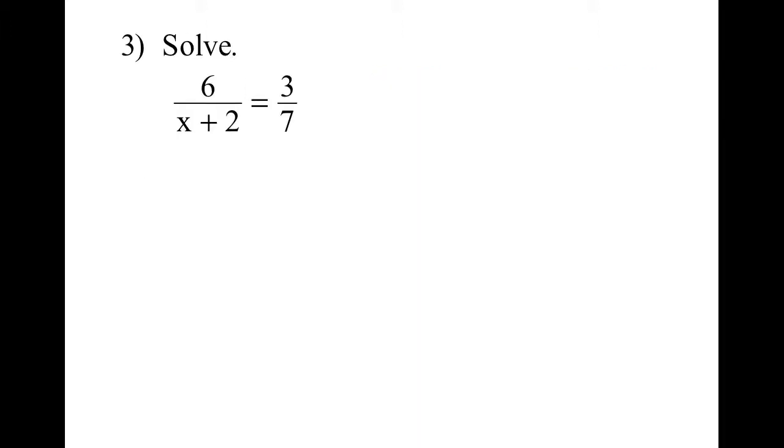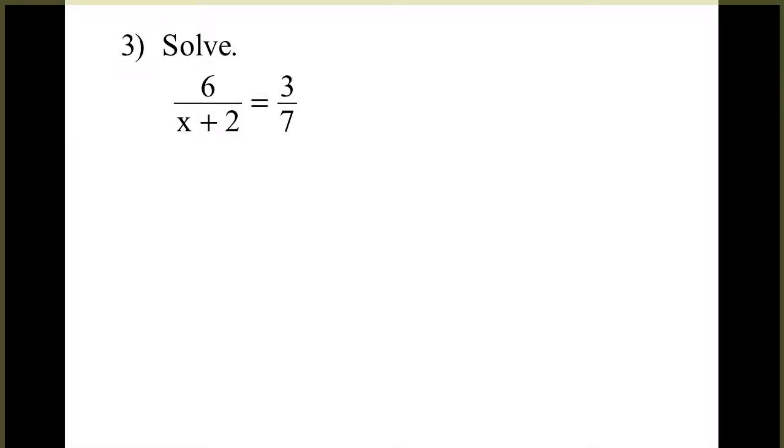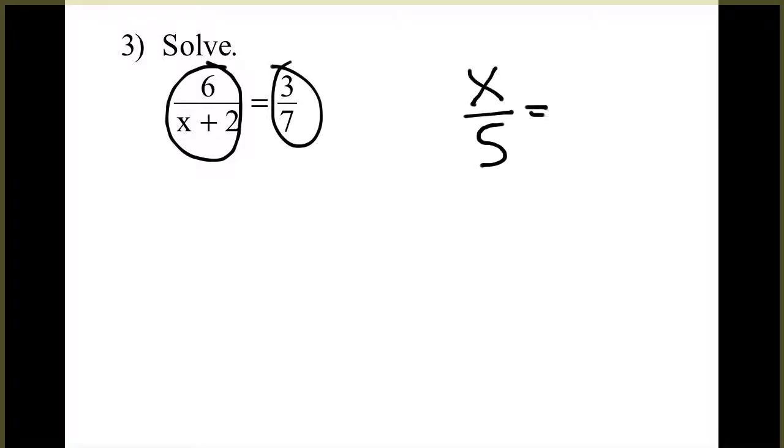All right, so now this looks a little awkward, but it's really not. It's just a fraction times a fraction. So if I had x over 5 equals 6 over 7, and we were in pre-algebra, we would solve this using our cross products.